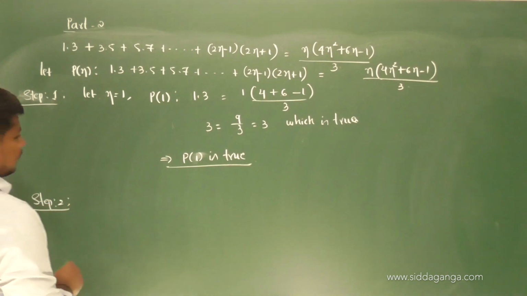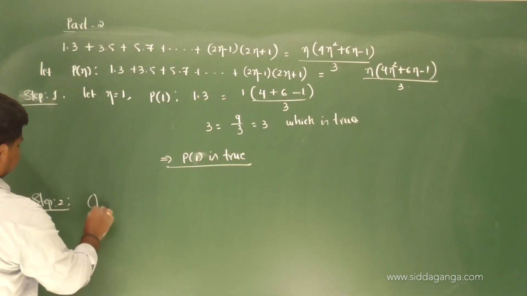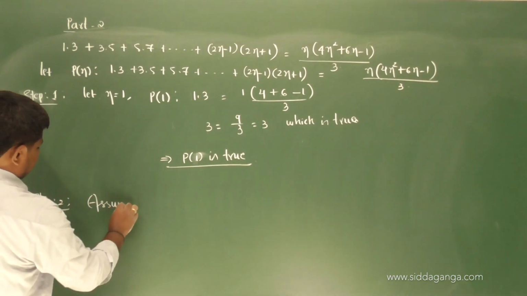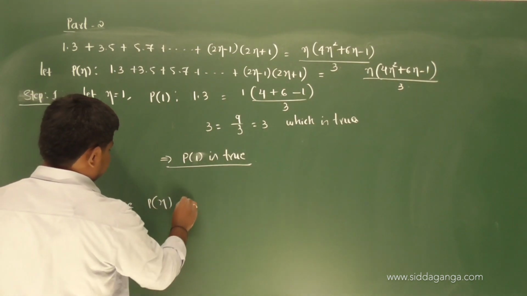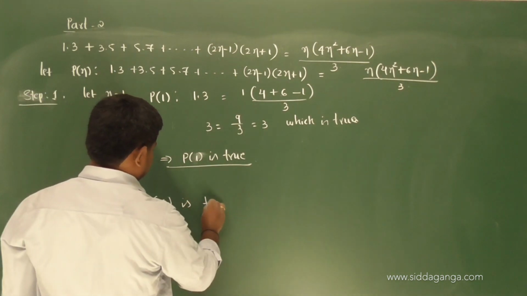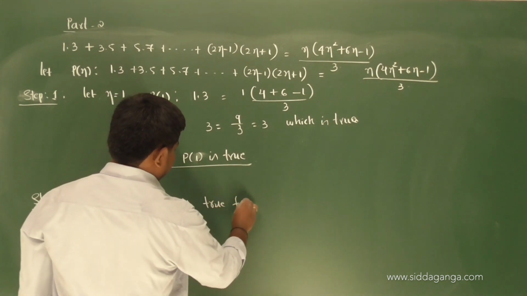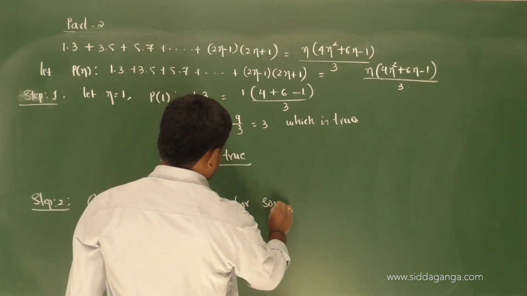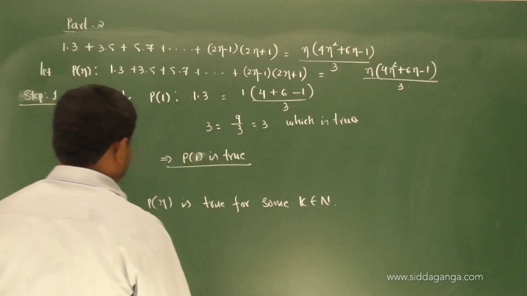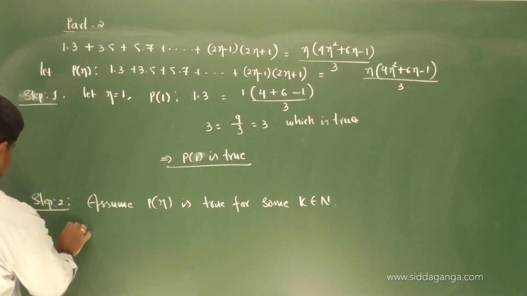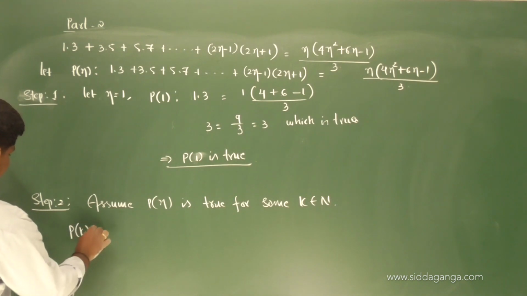Step 2 is assume P of n is true for some k natural numbers, right? So write P of k. What is P of k?